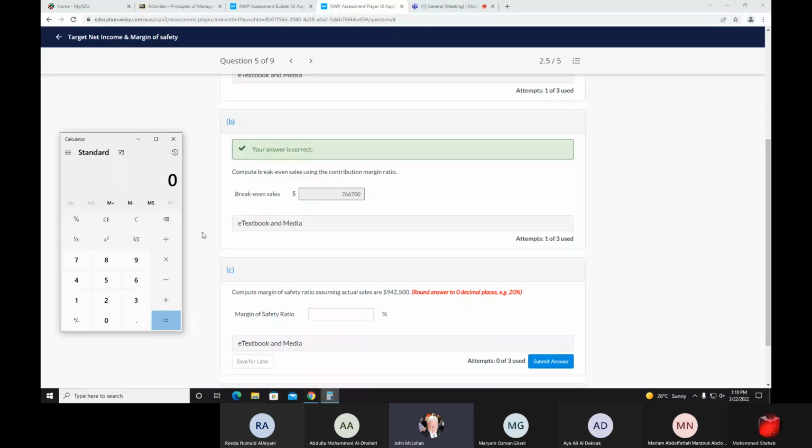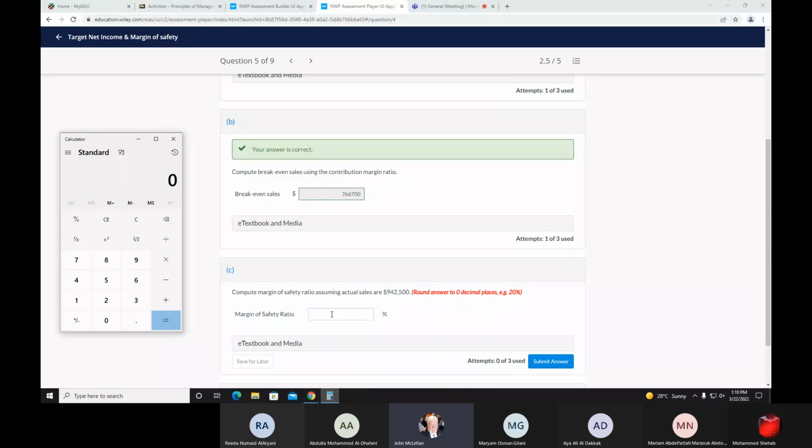Now, compute margin of safety. Assuming the actual sales are 942,500. So the margin of safety, and they want the ratio. The margin of safety is the difference between what I'm selling now, 900, and what I need to break even, which is 766.